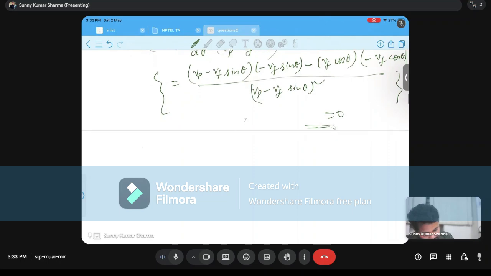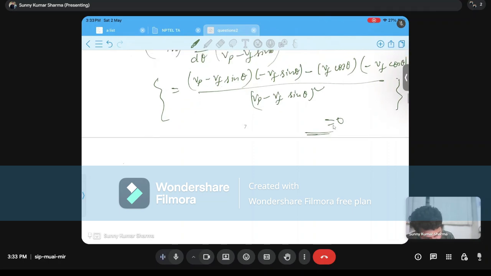We get minus Vp Vf sin theta plus Vf square sin square theta plus Vf square cos square theta is equal to 0.